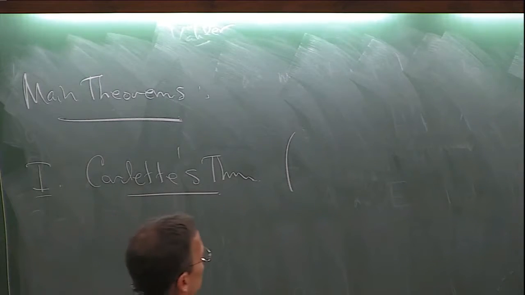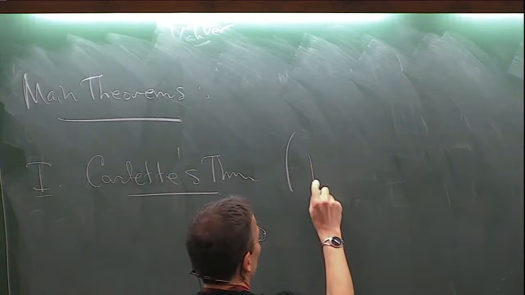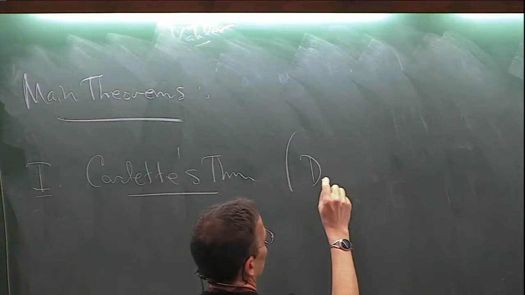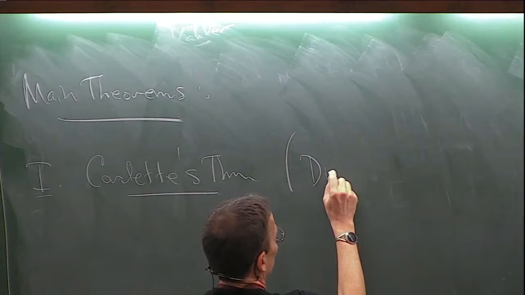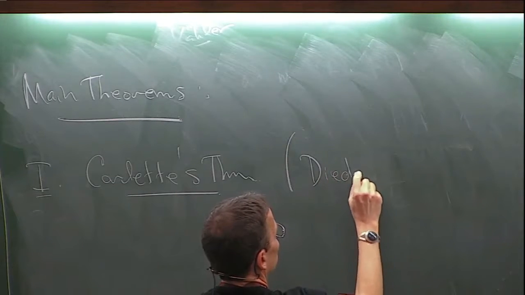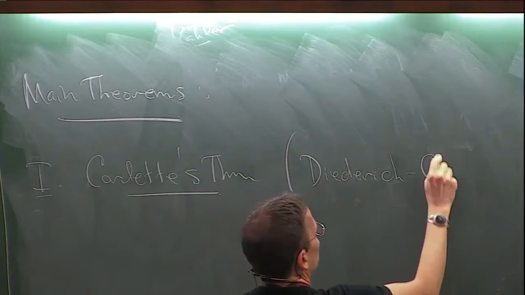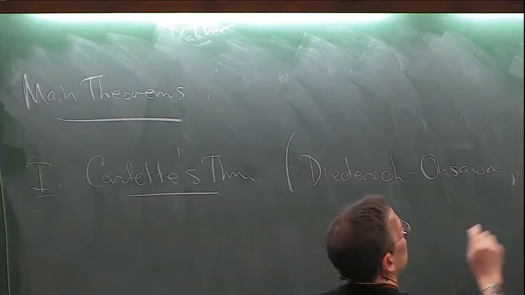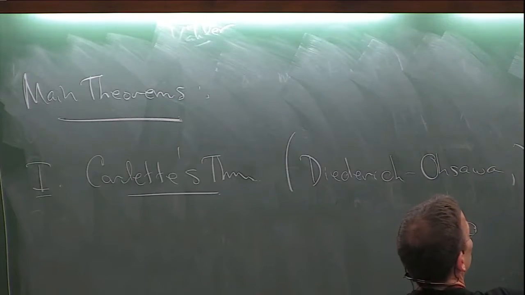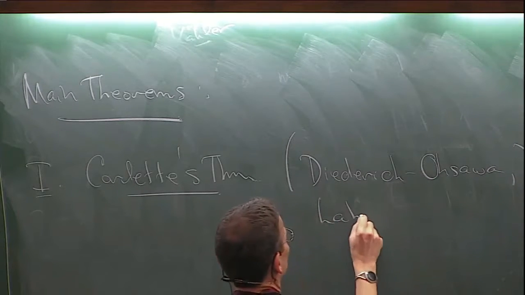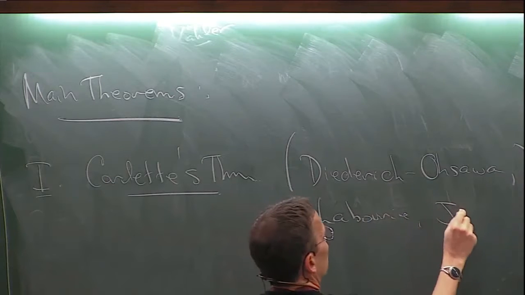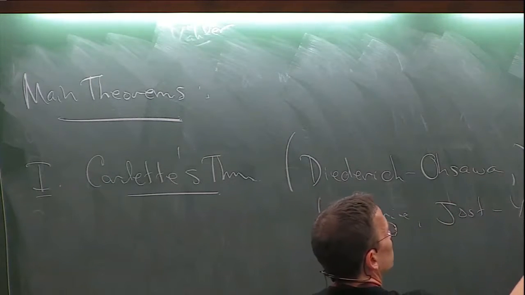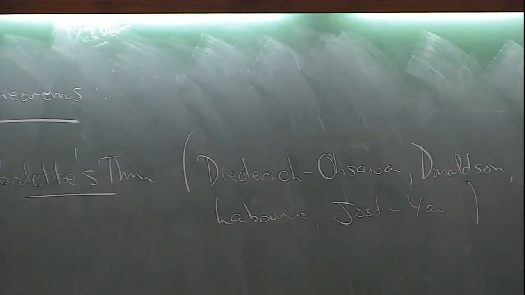This theorem comes on the heels of earlier work of Diederich and Sampson, Donaldson, and then later Labourie and Shing-Tung Yau. Just to give some names there. So the theorem is the following.